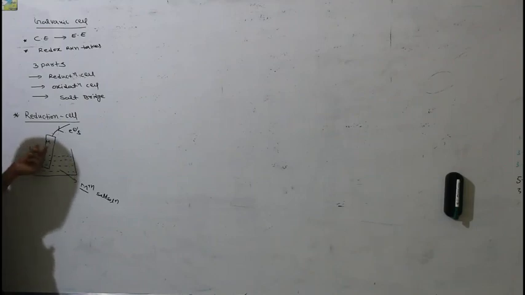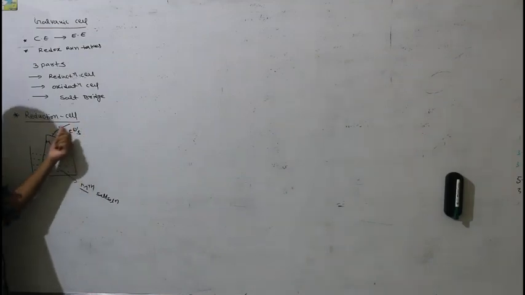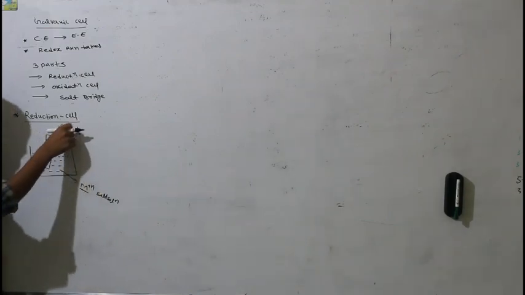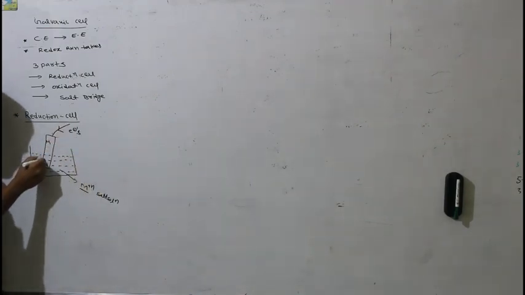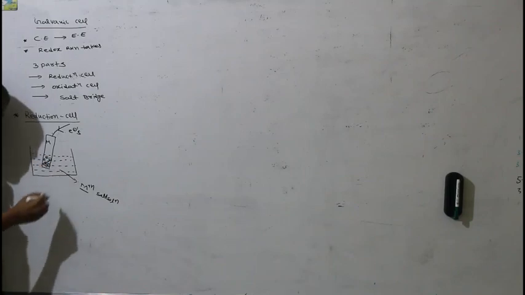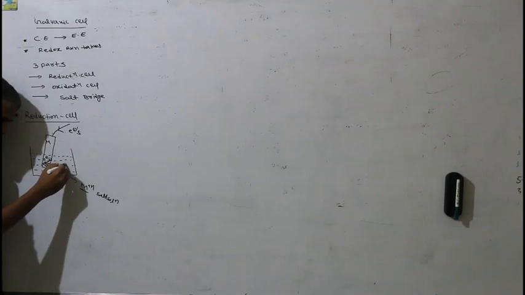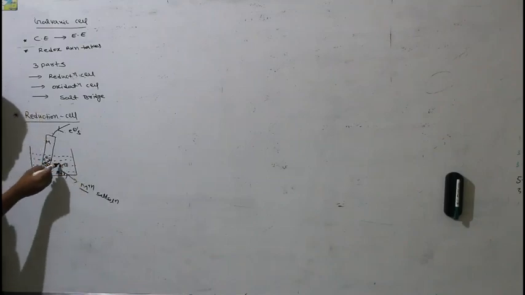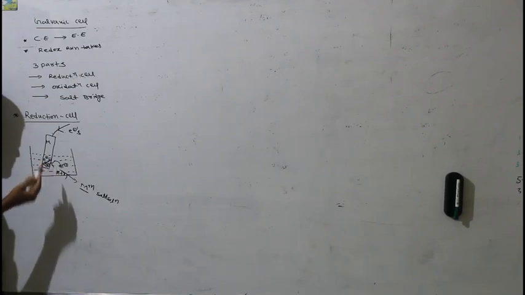In the reduction cell, we place one metal in an aqueous solution of this metal's compound, and with the external source, I am passing electrons. These electrons will enter the metal rod. The metal cations present in the solution will be attracted towards the electrode.